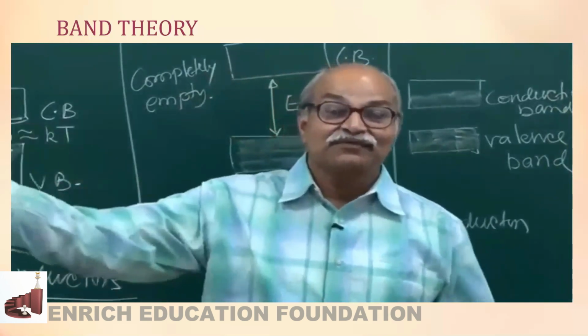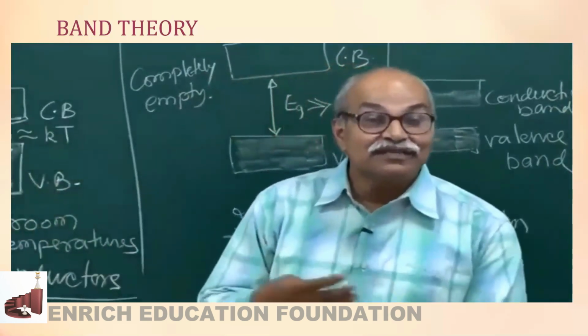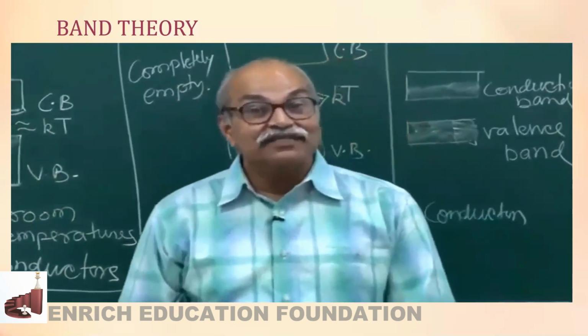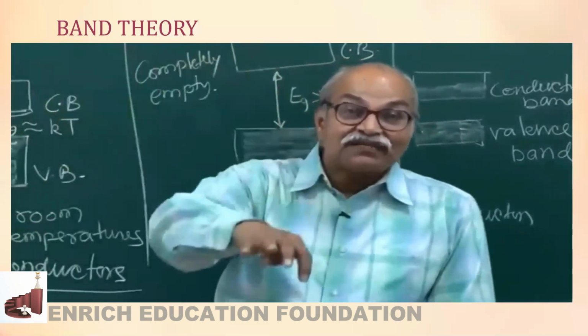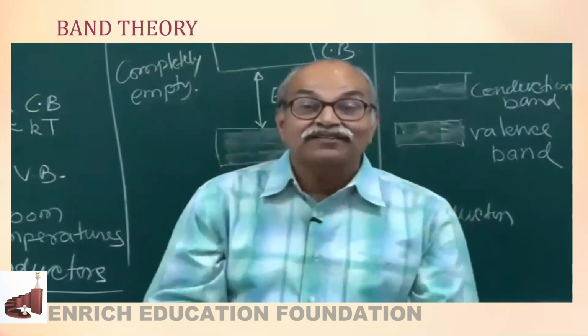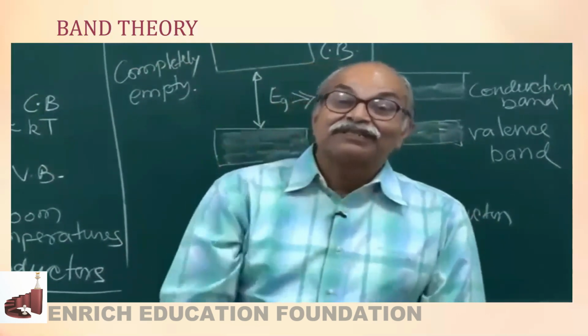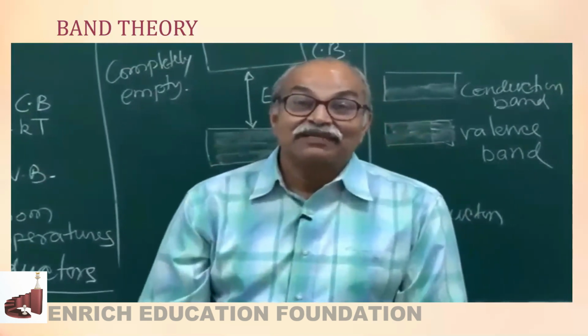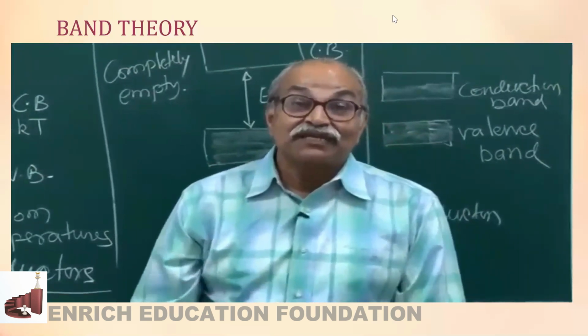Most of our discussions will be in reference to this Z is equal to 14 element, silicon. Most of the semiconductor electronics even today is built around silicon, so silicon will be our model semiconductor element, which I will be talking about next.